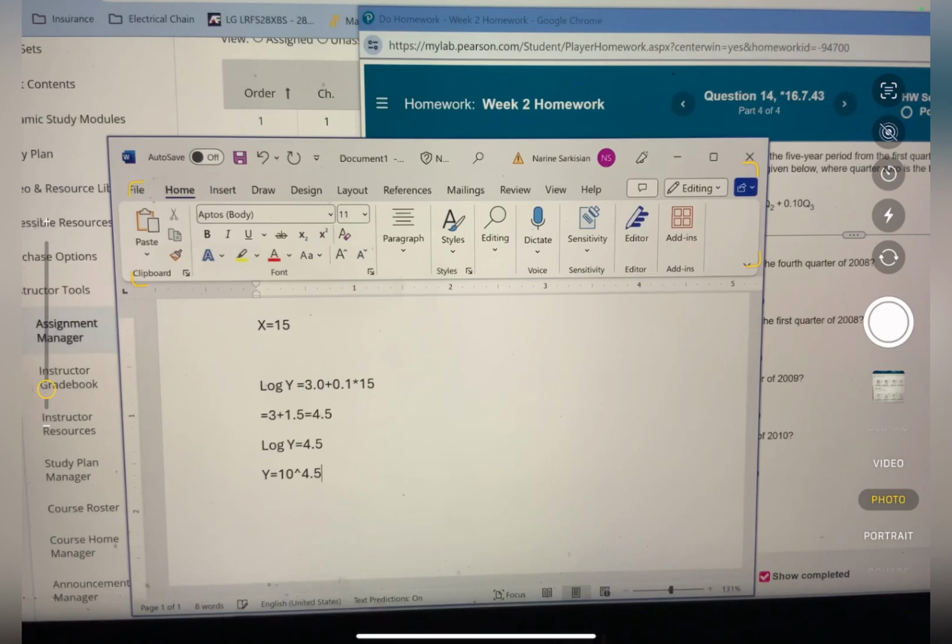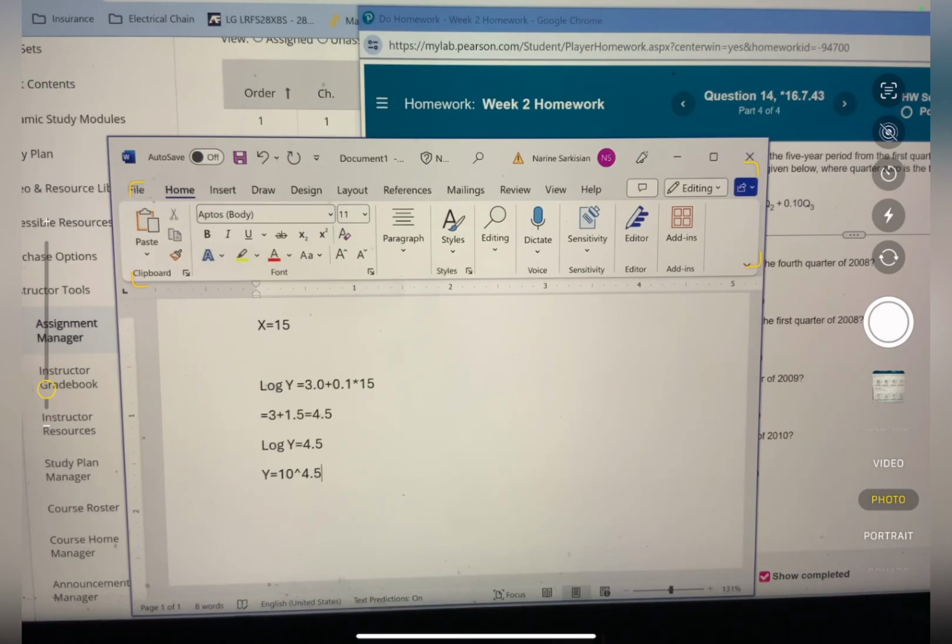How are you going to do it on your calculator? I'll show you how to do it on an iPhone, and you will be able to do it on any computer, any calculator. Turn your iPhone calculator to the horizontal position, and then type 10, and push the button x to the power y, and this exponent 4.5.